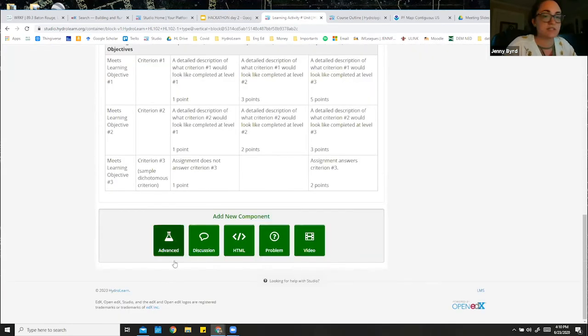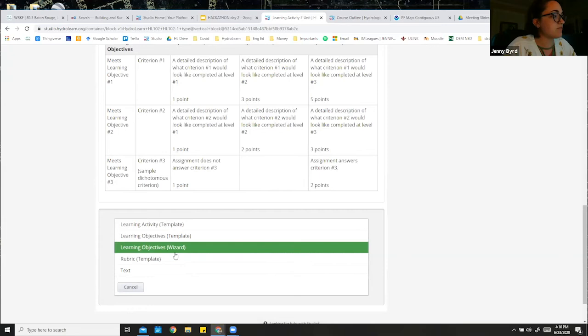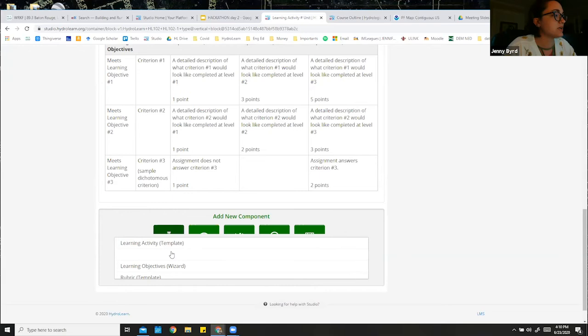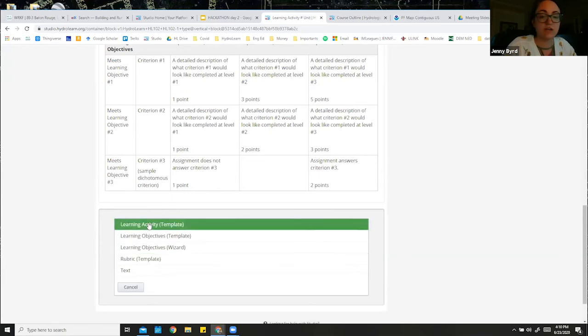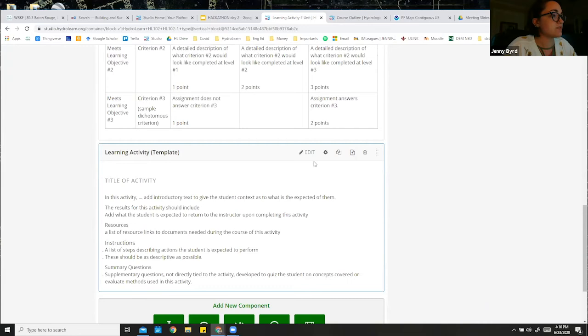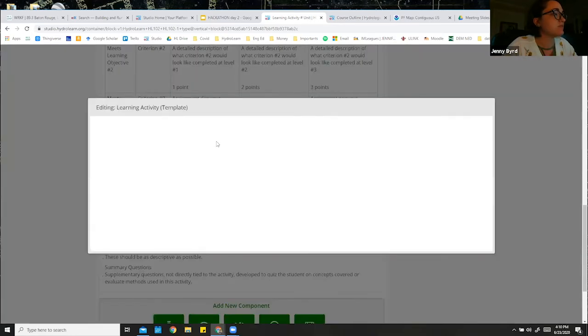But to do a learning activity, click Advanced. You go to Add New Component at the bottom of your unit, then Advanced, and then Learning Activity Template. When you're ready to edit it, you just click the Edit button, like all of the components. Then this will populate here and you'll be able to edit everything.